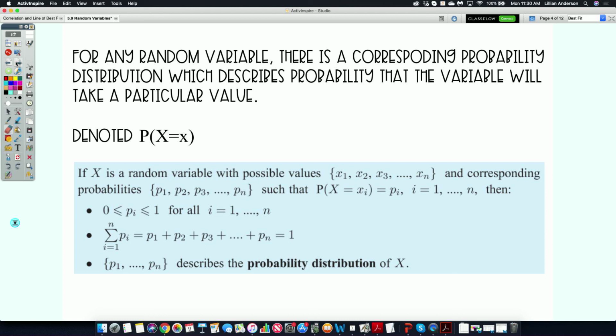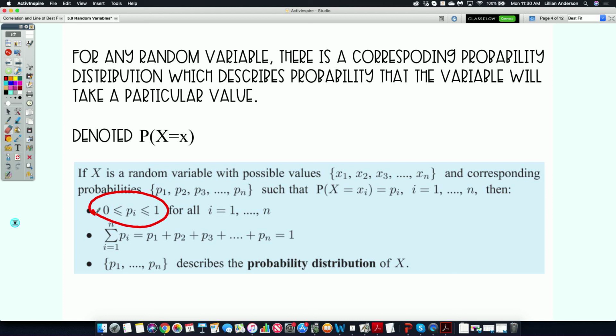Every probability distribution has a few different properties. They haven't changed from what we talked about when we were doing basic probability. All your probabilities are going to be between 0 and 1. They can equal 0, they can equal 1.